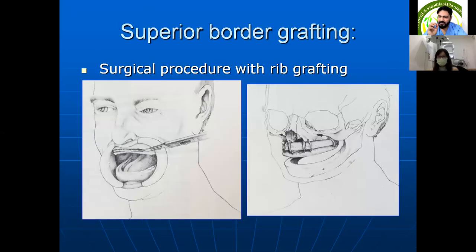While bending, it can fracture also, but we have to put the graft, so there is no stress about that. Then it is placed between these and held with wires. These are very old techniques.